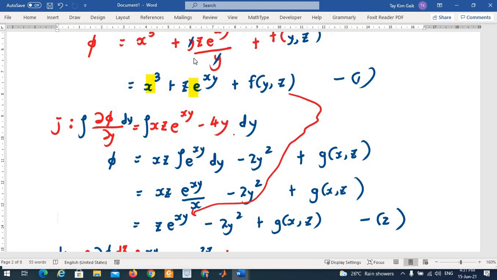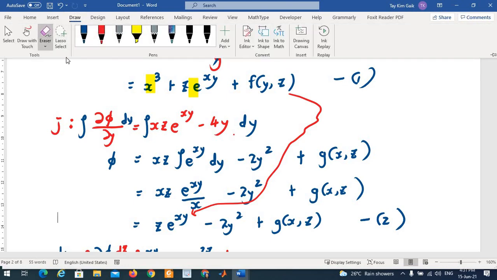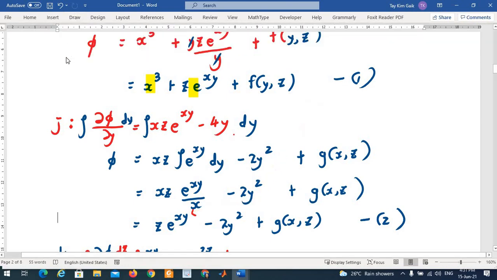This one has x, so it's not a function of y and z only. From equation 1, you take these two terms, but the function of y and z you couldn't get in equation 2 except this one: negative 2y squared.